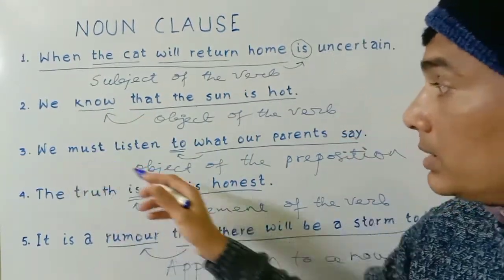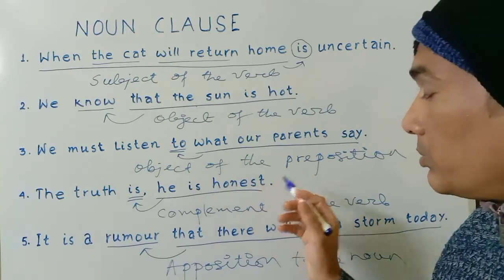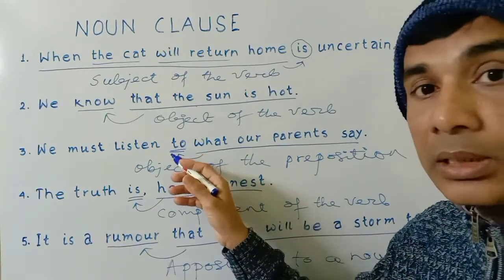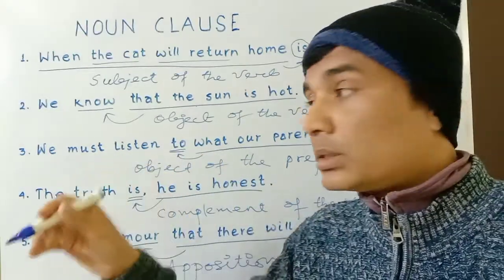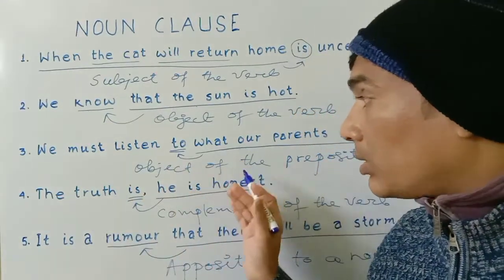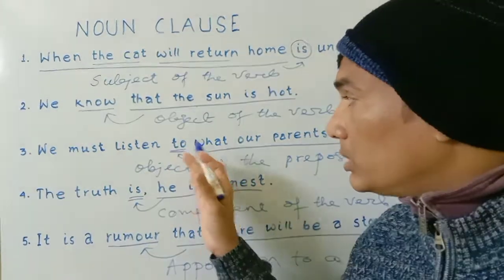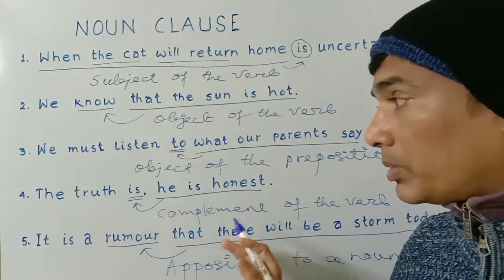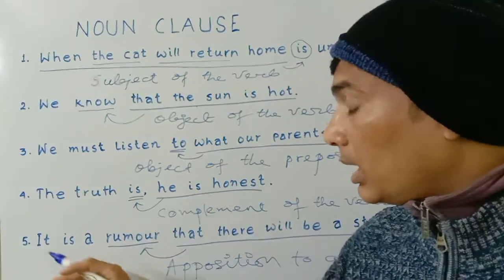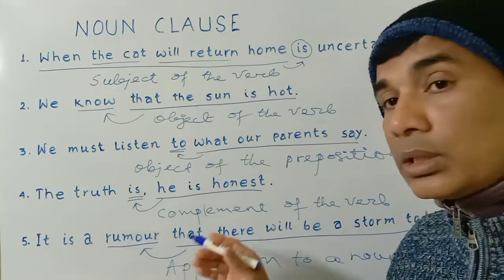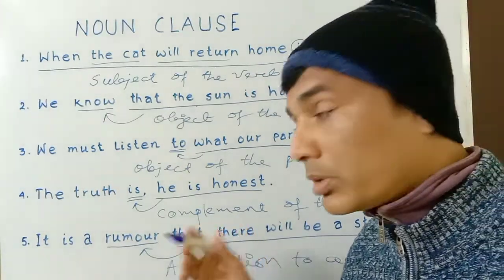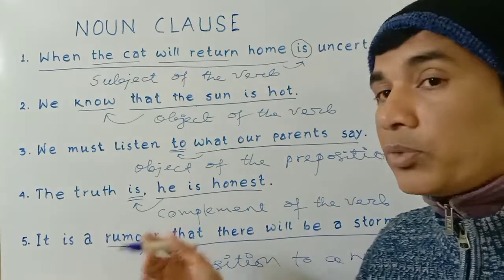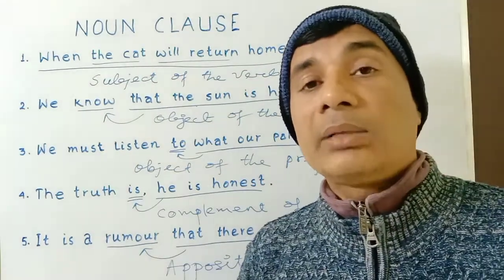Number 3, object of the preposition, is also a noun clause, replacing another object. Number 4, the truth is, is the complement of the verb. And at the end, the noun clause, that is the subordinate clause, has become apposition, that is, they are sitting side by side.